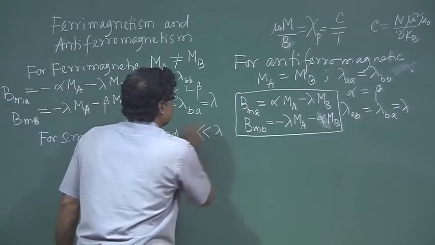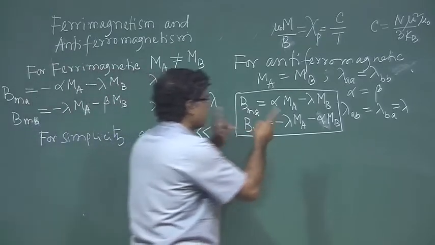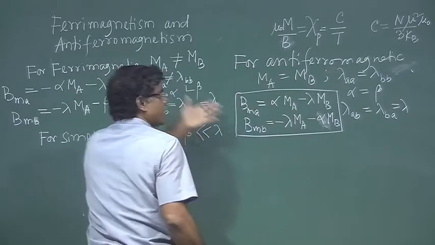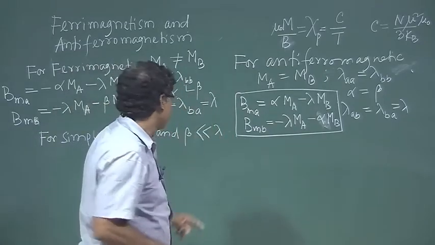Lambda is a very strong interaction because, as I told you, they are nearest neighbors, anti-parallel neighbors.